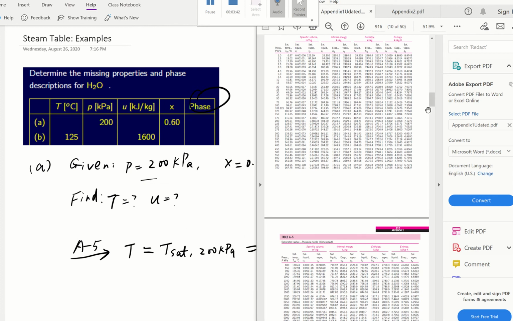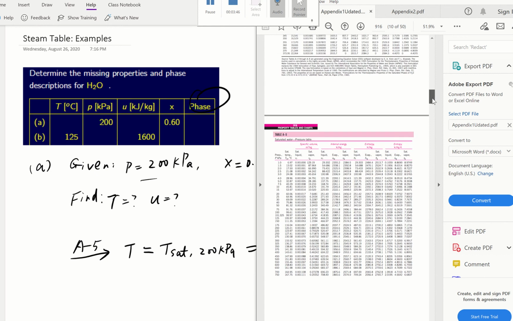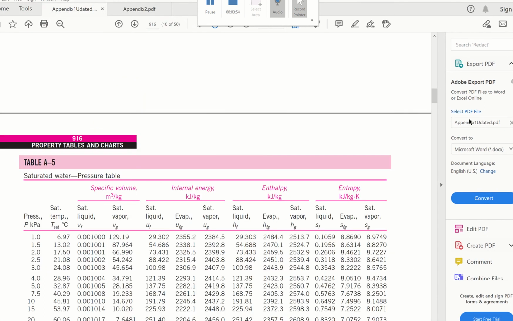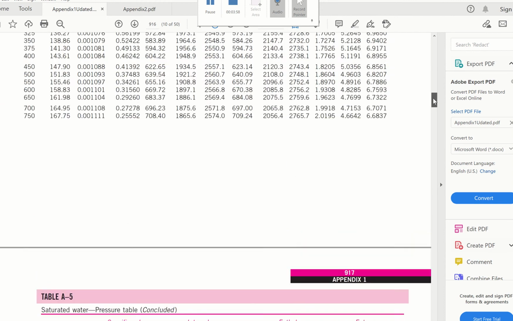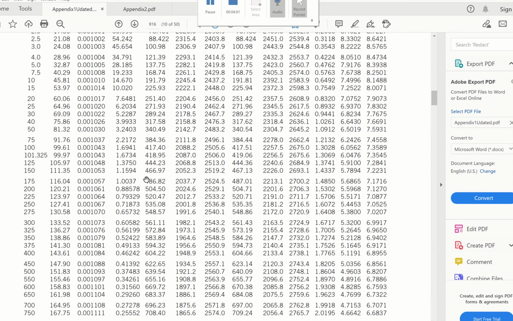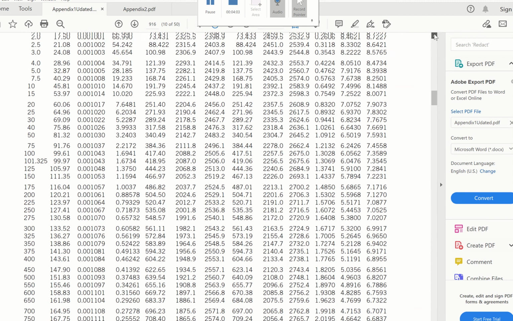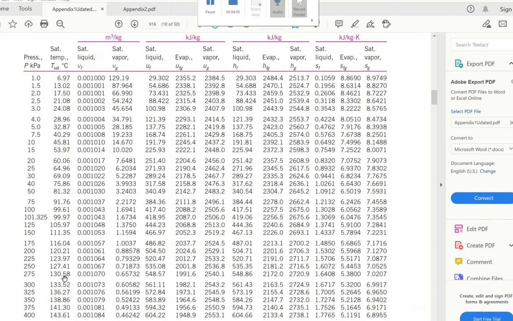At 200 kilopascal, so we are looking right here. It's probably hard for you to see, so make sure you're looking up the table with me at the same time.